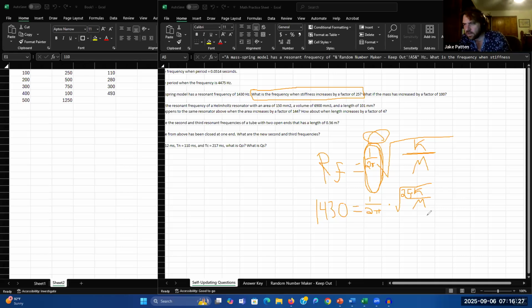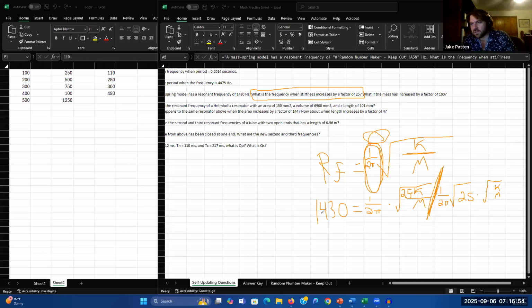So we can rewrite this portion right here as the square root of 25 times the square root of K over M. And then the 1 over 2 pi is there as well. I'm going to make a big slash right here so we see this is not part of the same formula. This is just rewriting that.